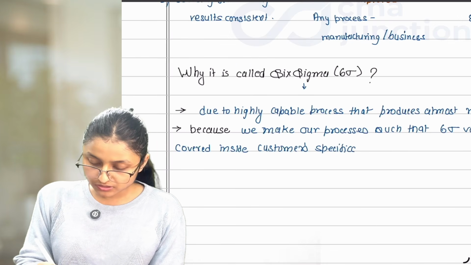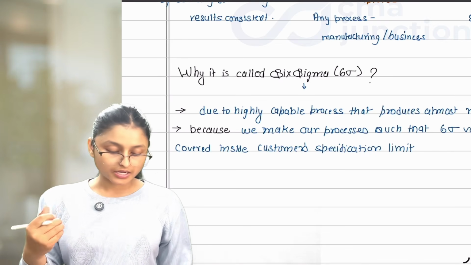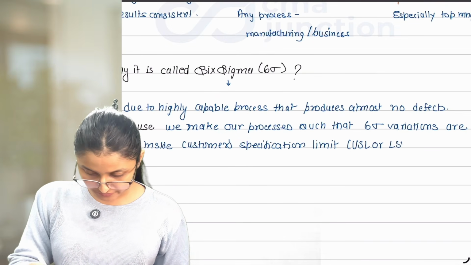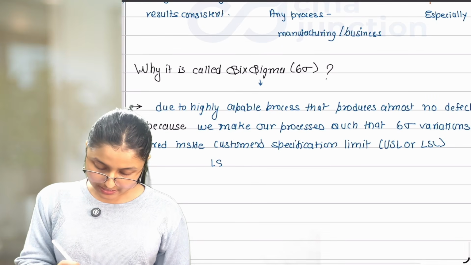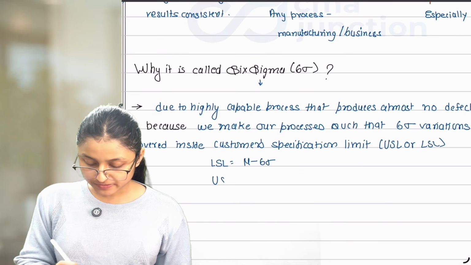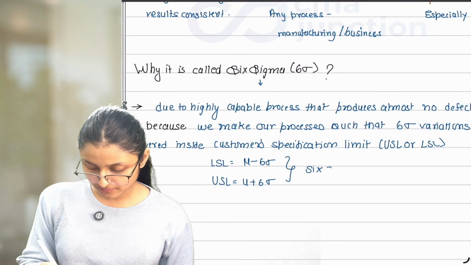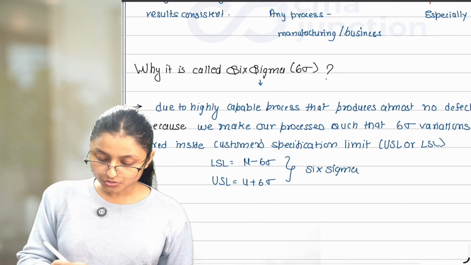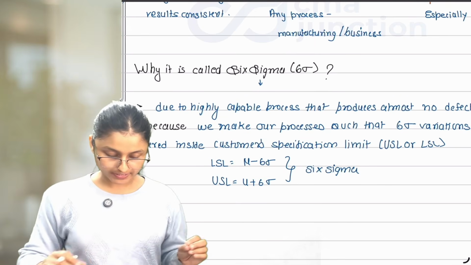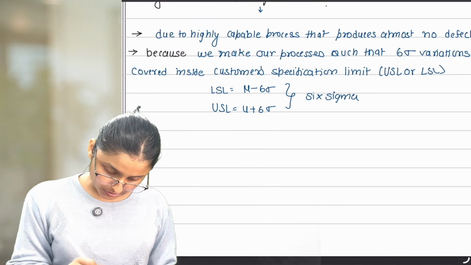So up to Six Sigma, we are covering inside the customer specification limit, and that is why we are specifically calling it Six Sigma and not any other number. Customer specification limit can be an upper and lower specification limit. So when LSL, that is lower specification limit, is equal to mu minus Six Sigma and upper specification limit is equal to mu plus Six Sigma, this is what Six Sigma is. It shows that we are able to cover inside our specification limit up to Six Sigma variations on both the sides from the average.